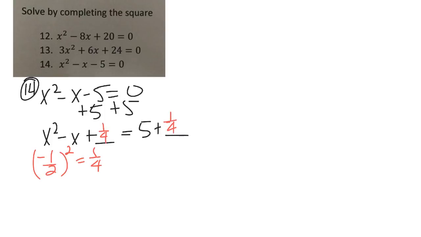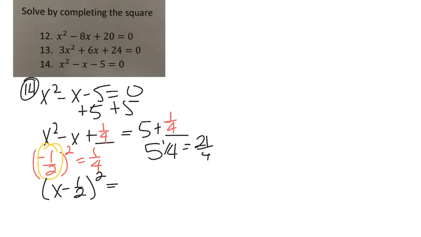And remember, we said our trick is that this number is what goes into our factor. So it becomes x minus 1/2 squared equals 5 1/4, which is 21/4 when you make it improper. And then we'll take our square root. Don't make it a decimal, because you don't know how to take the square root of a decimal without a calculator.